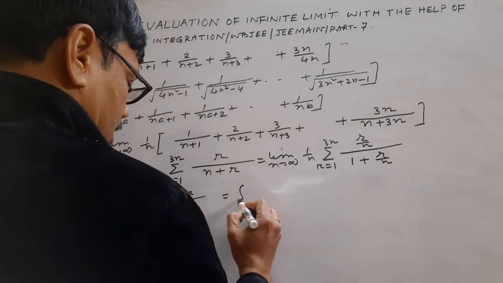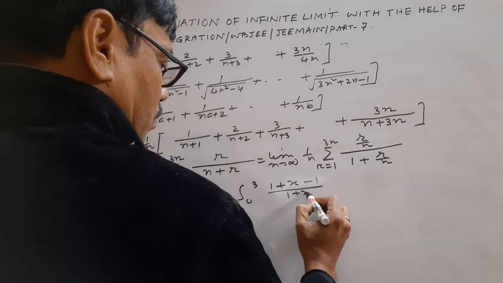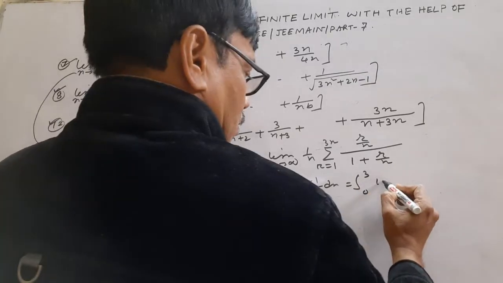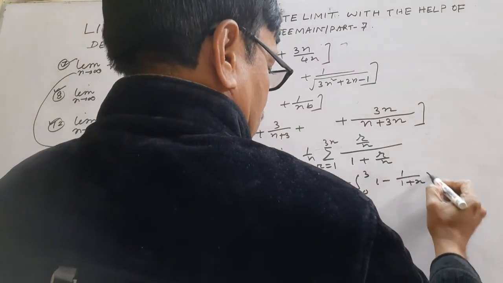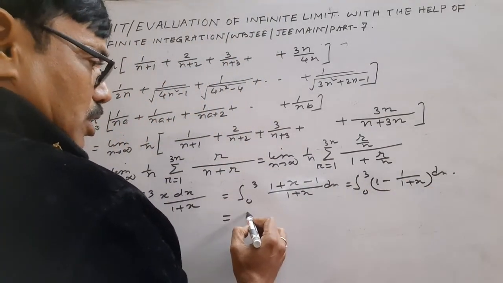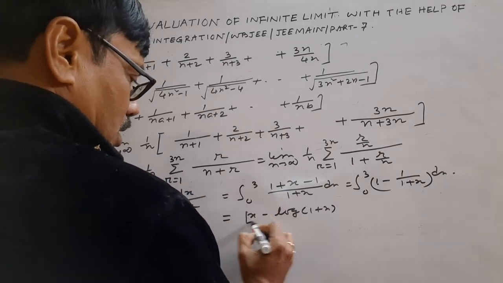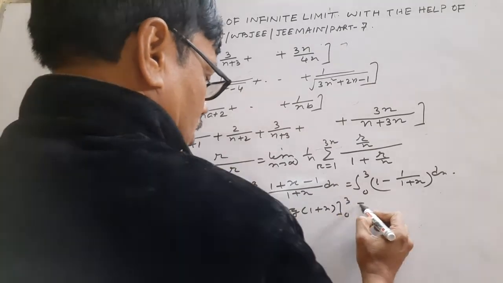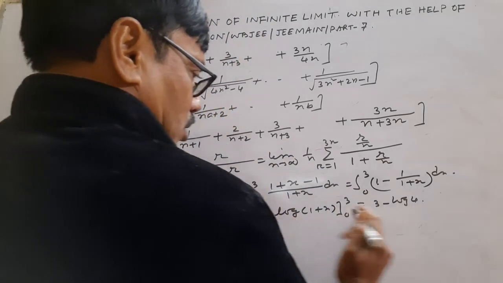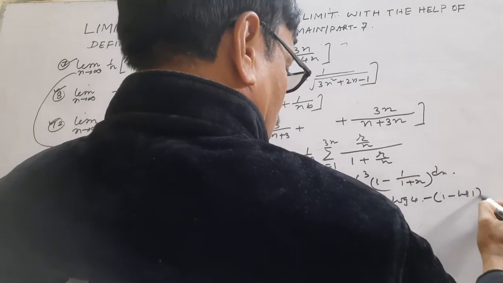Now integrate it. 0 to 3, 1 plus x minus 1 by 1 plus x dx, 0 to 3, 1 minus 1 by 1 plus x dx. So this is x minus log 1 plus x, 0 to 3. So 3 minus log 4, minus 1 minus log 1.